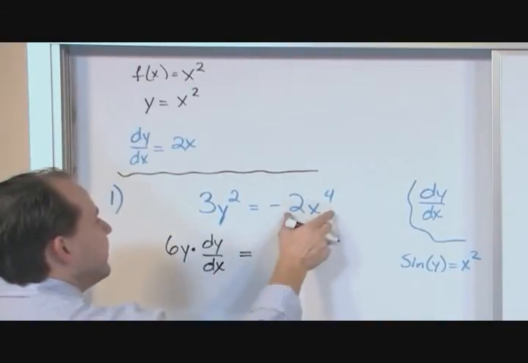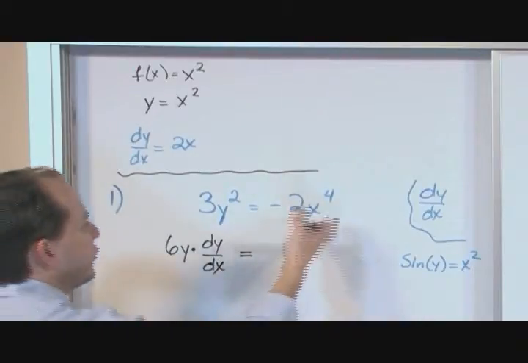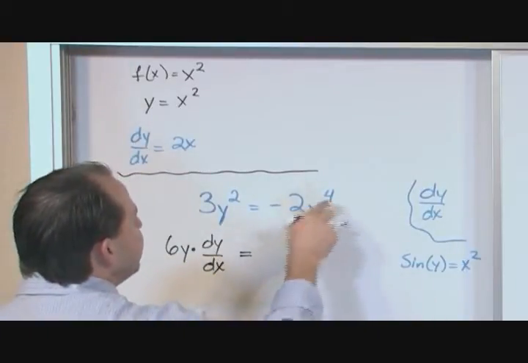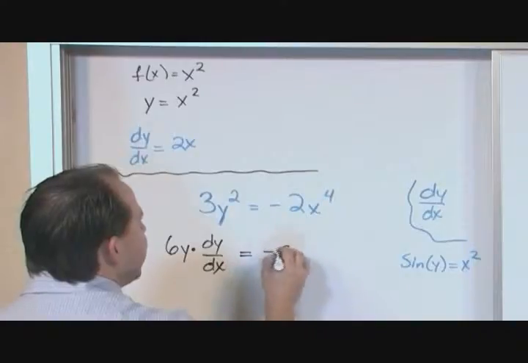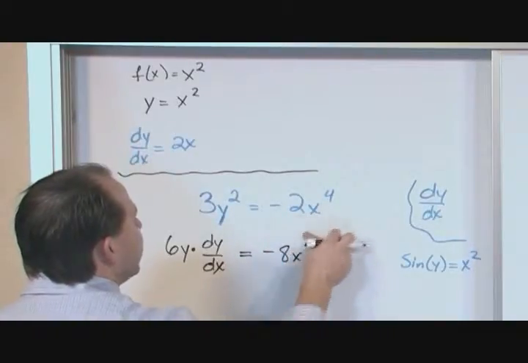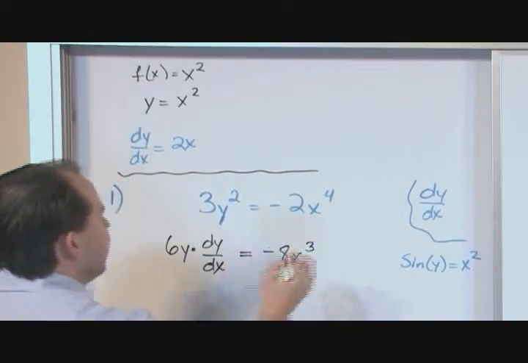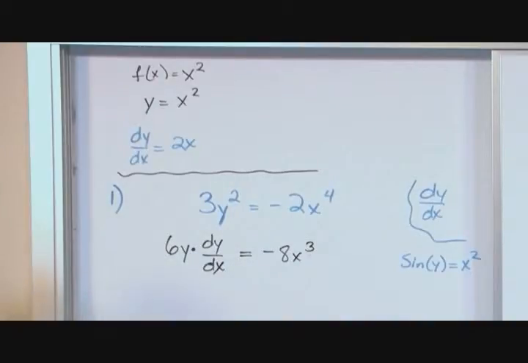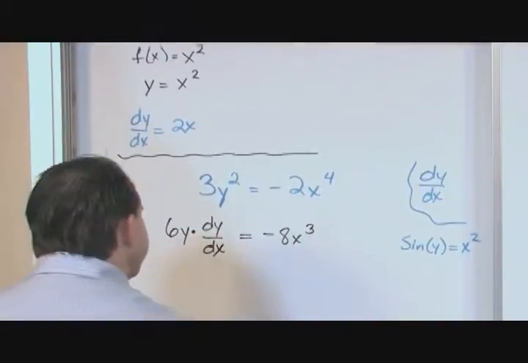On the right-hand side, this is what you've been seeing all along. So you just take derivatives of this just like you always have. 2 times 4 is 8. You've got a negative, so negative 8x to the 5th power. Whoops, to the 3rd power, because we subtract 1 off of the exponent. So what we're seeking to find is dy dx. So we divide both sides by 6y.